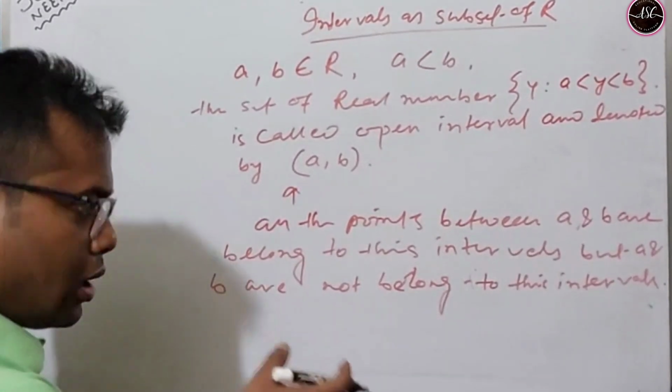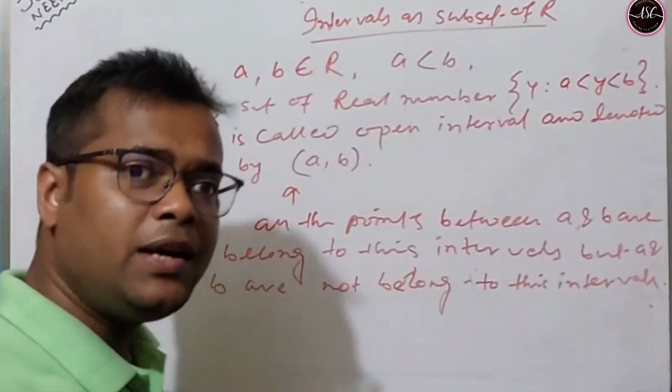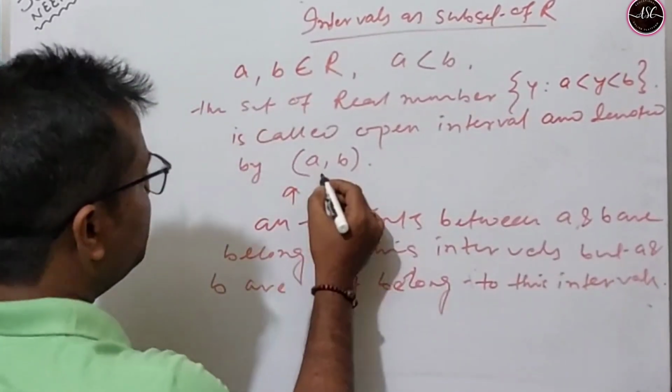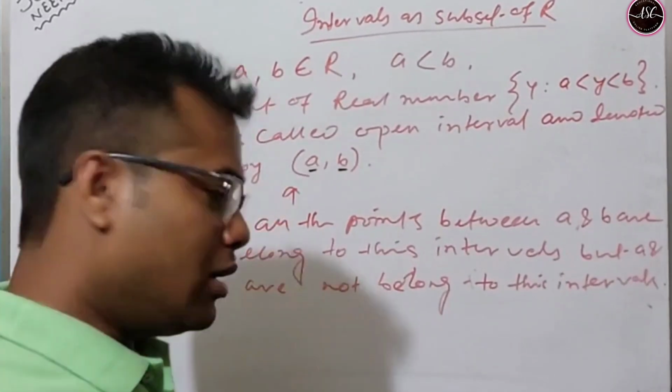Just see here, in an open interval the endpoints, a and b, are not present in the interval.